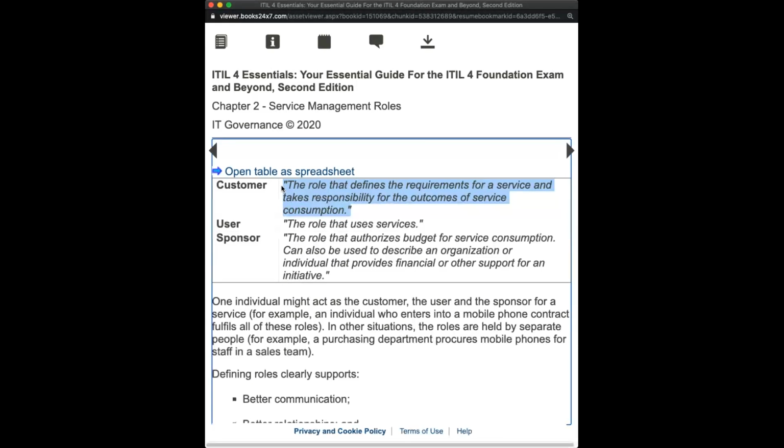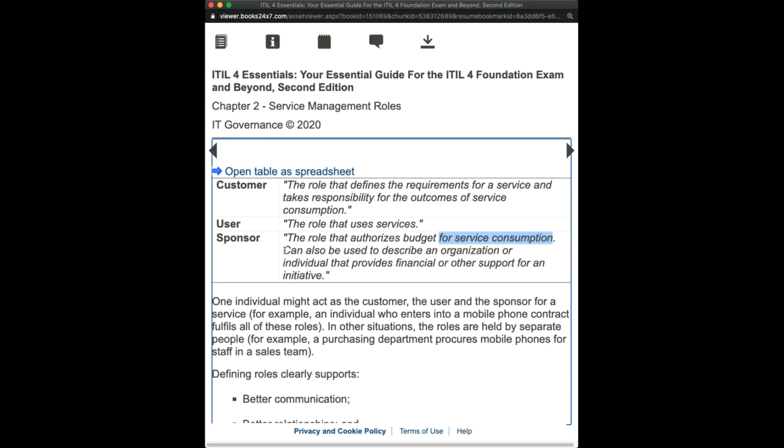So, role, customer is a role that defines the requirements for a service and takes responsibility for the outcomes of service consumption. User is the role that uses services, and sponsor is the role that authorizes budget for service consumption.